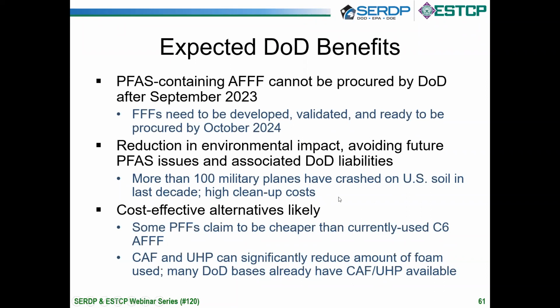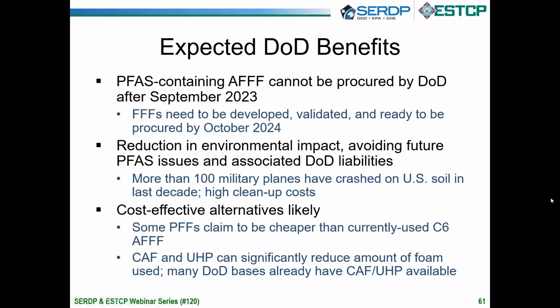The primary reason why we are replacing these products, the AFFF, is because we're allowed to continue to use them until these alternative products are available, but the cleanup costs are high. We also find that some products are less costly.